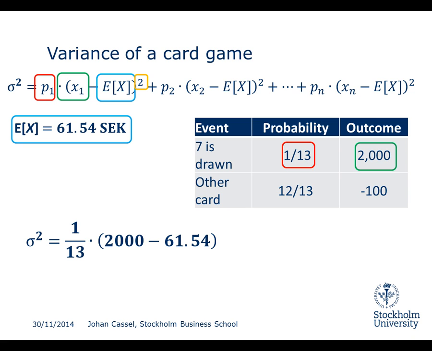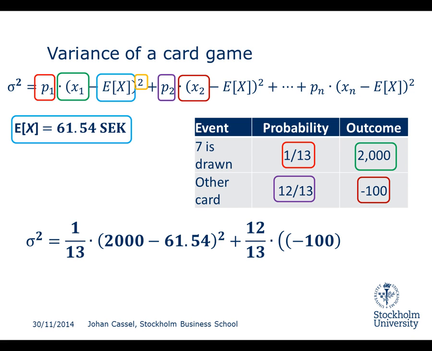And then we square this by 2 to make all deviations positive. Then we add the probability of event 2, which is drawing some other card than a 7, which is 12 divided by 13, times the outcome of drawing some other card, which was minus 100, minus the expectation of 61.54, and then again we squared it by 2.